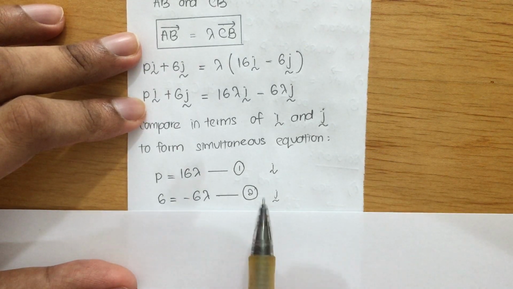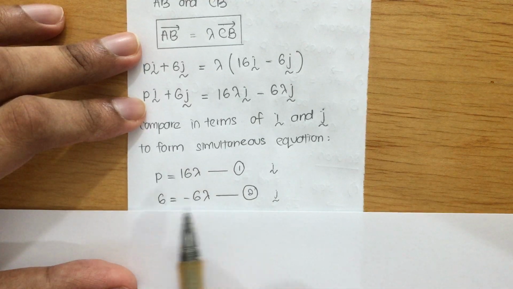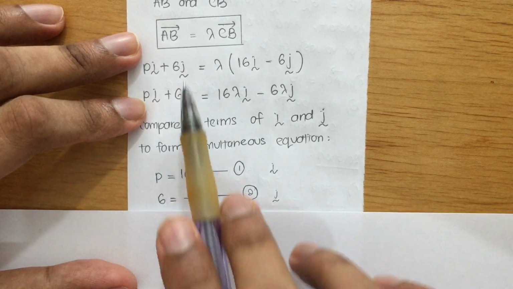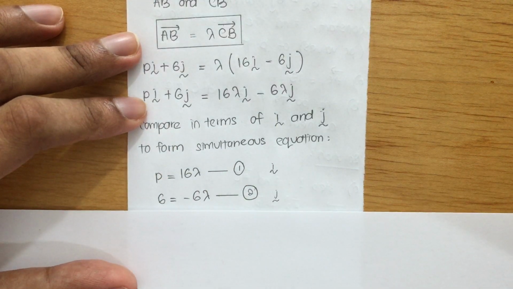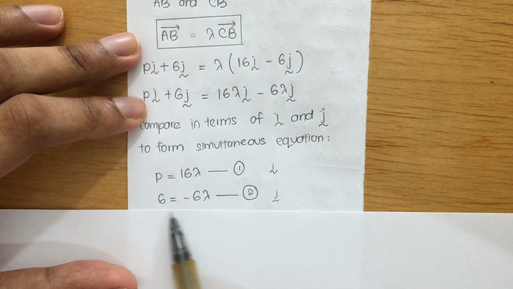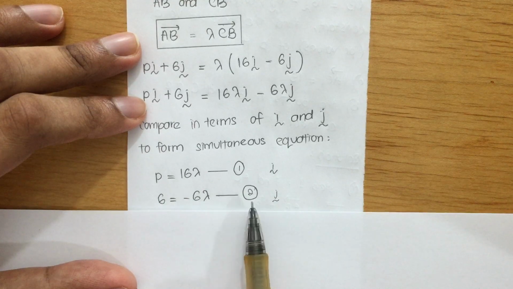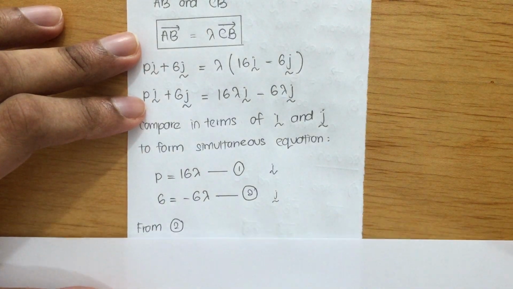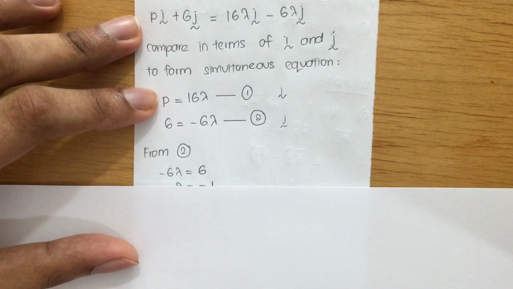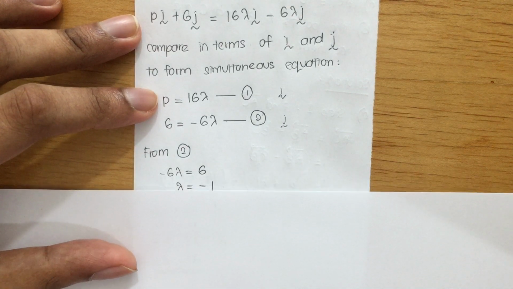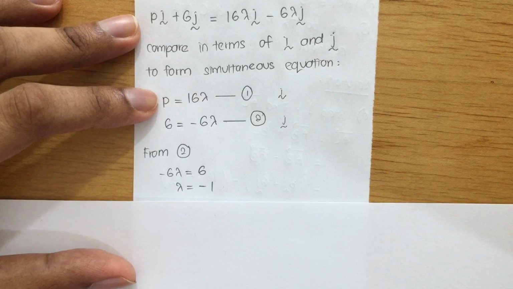Okay, it's for your reference, guys. If you don't get how I got the comparison, I just wrote here i and j for your reference. From here we can easily find our lambda value from equation 2. So from equation 2, 6 lambda equals negative 6. So from here you get lambda equals negative 1.